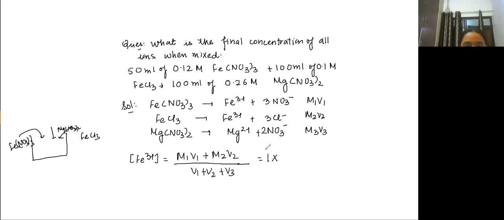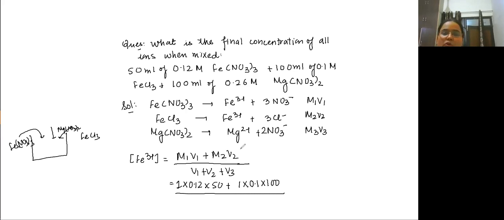So 1 into 0.12 into 50 plus, in FeCl3 it contains only 1, so 1 into 0.1 into 100, divided by, all values are in ml so no need to convert, 100 plus 100 plus 50.